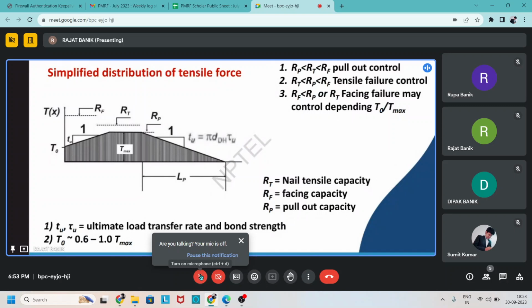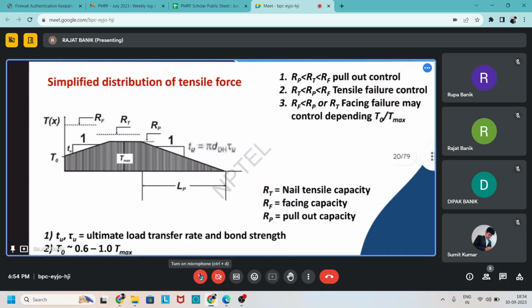So we define this ultimate strength by Tu, which is equal to pi into dh into tau u, where tau u is the ultimate load transfer rate, and dh is the dia of the borehole, where we apply or insert this nail.